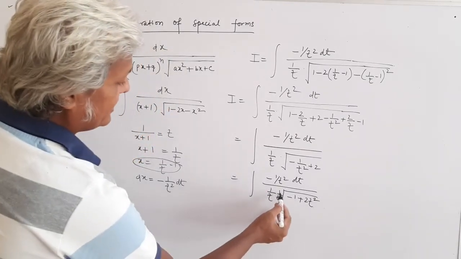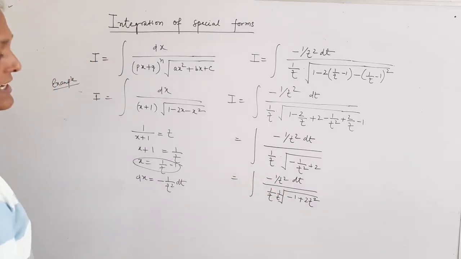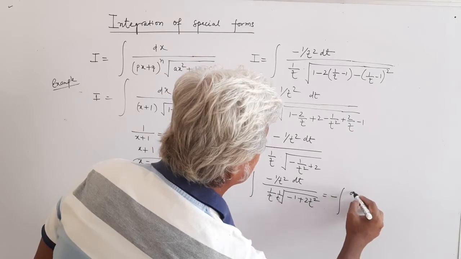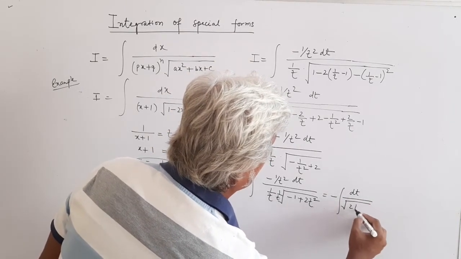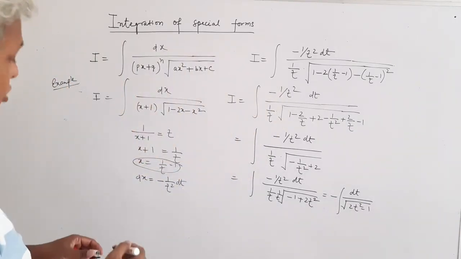So this 1 upon t and 1 upon t is 1 upon t square, which cancels with the other 1 upon t square. So this form becomes minus integration dt over under root 2t square minus 1. Now we are almost close.